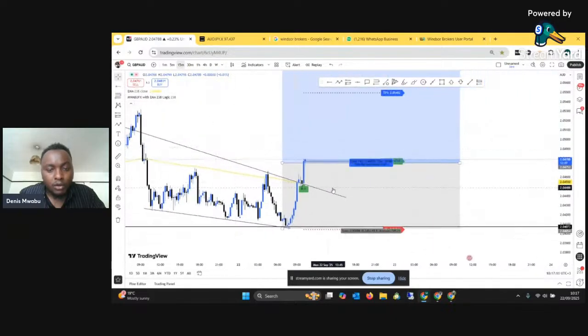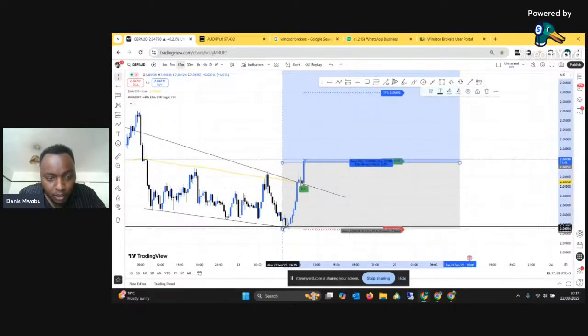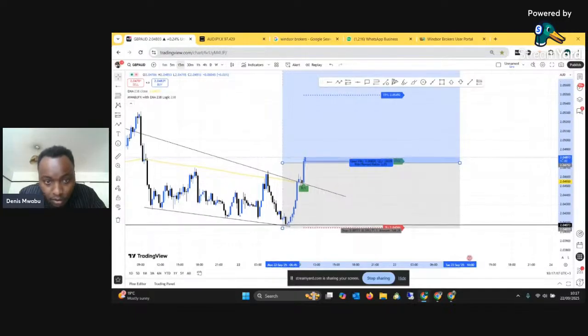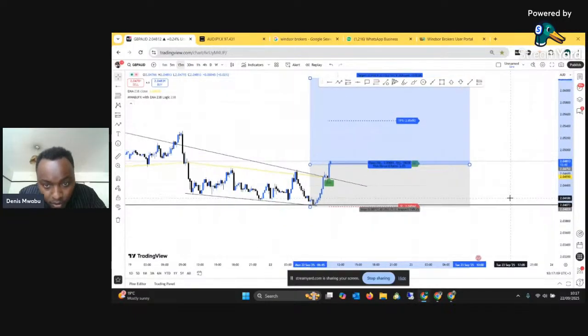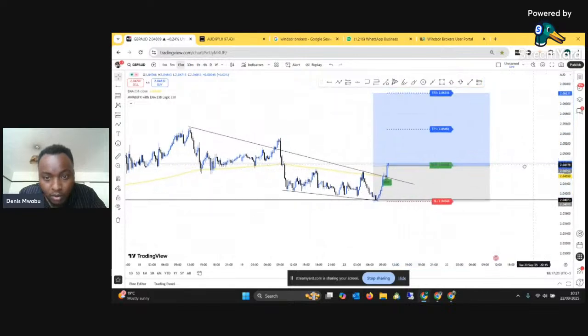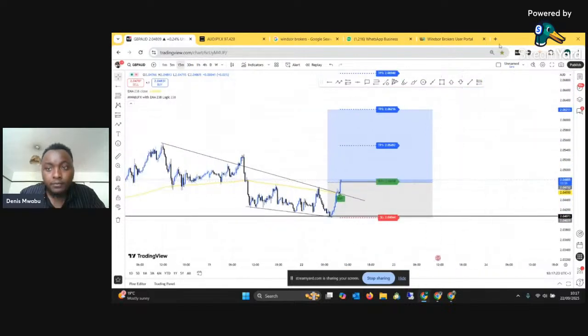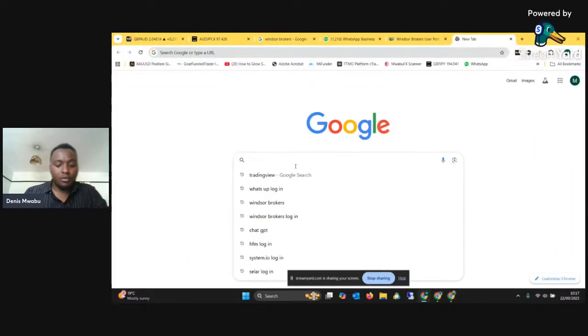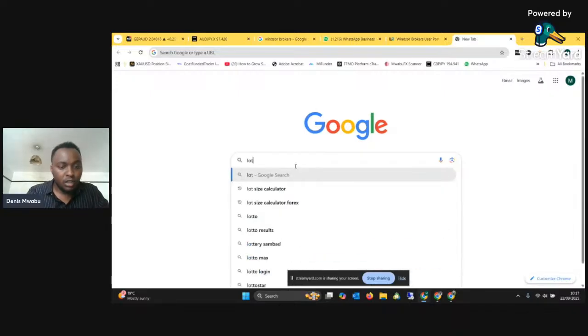So I'm going to calculate my pips. Here, this is a stop loss of like 71 pips. So I'm going to execute the trade as you see, guys.